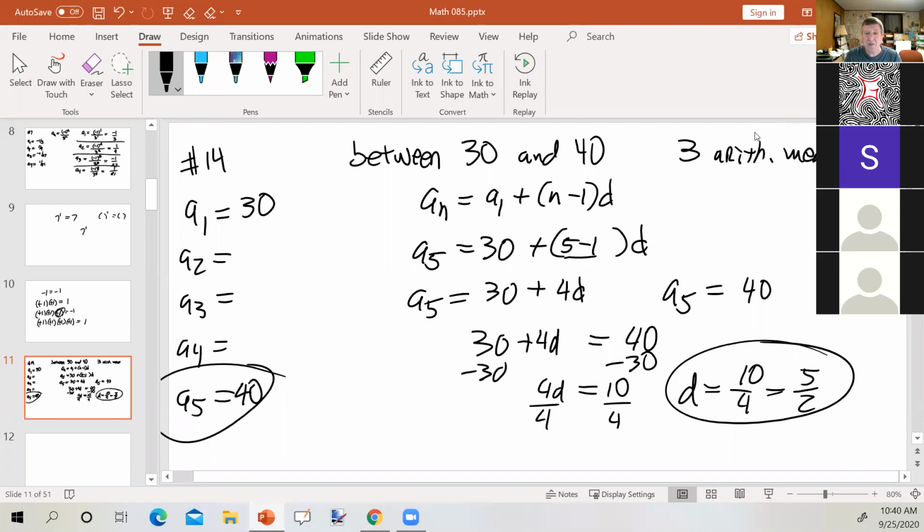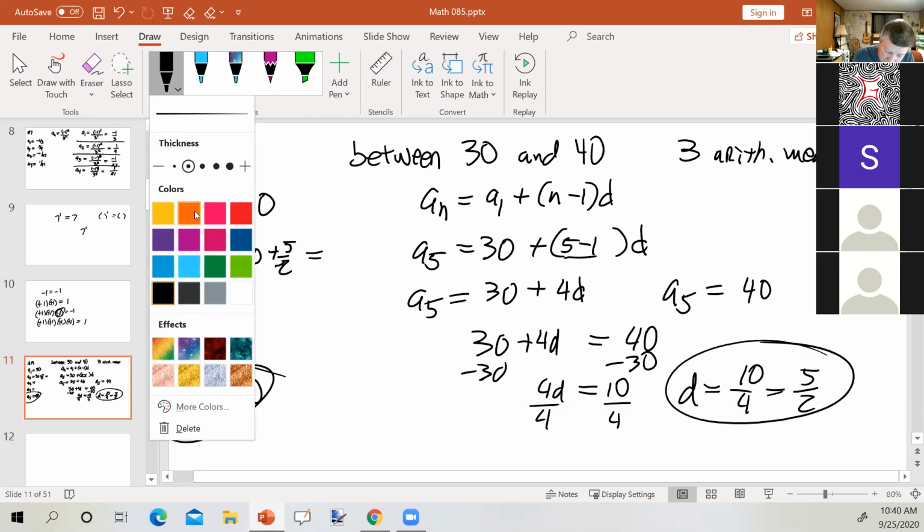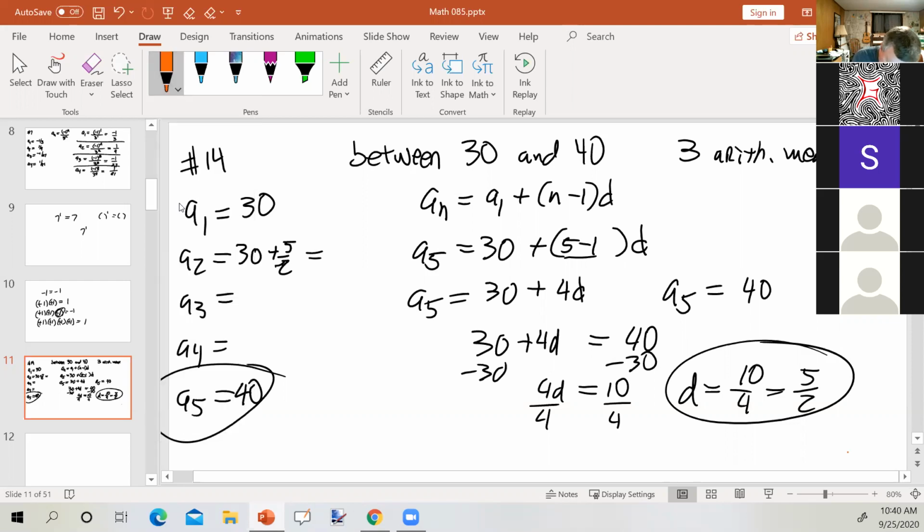So a sub 2 would be a sub 1, which is 30, plus 5 halves. Let's see, 30 plus 5 halves. Let's make this all into one improper fraction. 30, if we multiply by 2 over 2, we're going to get 60 over 2 plus 5 over 2, okay?